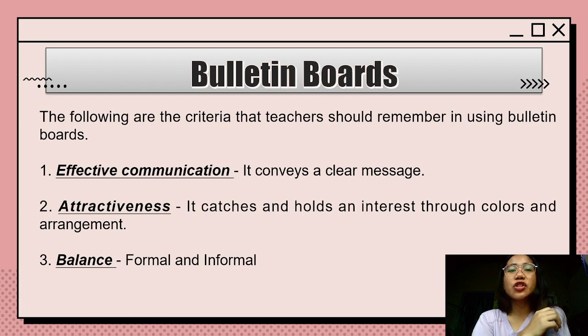Na-attract tayo, yung attention natin doon sa bulletin board. So by means of having attractiveness of bulletin boards, mas more ang chances na mas mag-focus yung mga students doon sa bulletin boards and doon mag-start na makikita nila kung ano ba yung laman talaga ng bulletin boards nila.